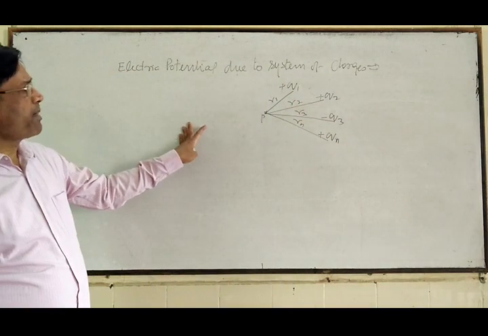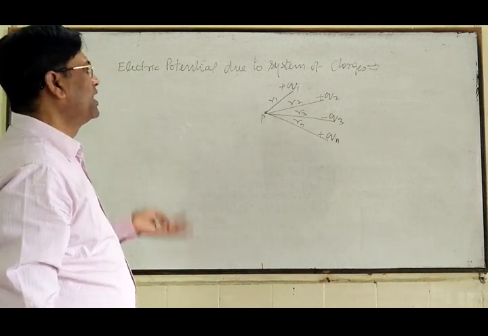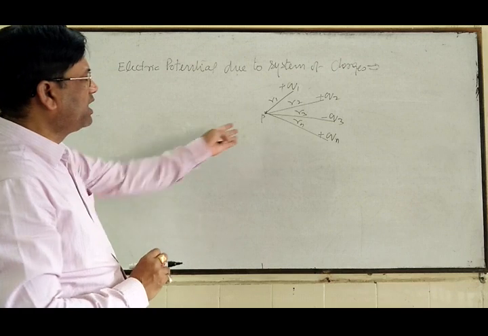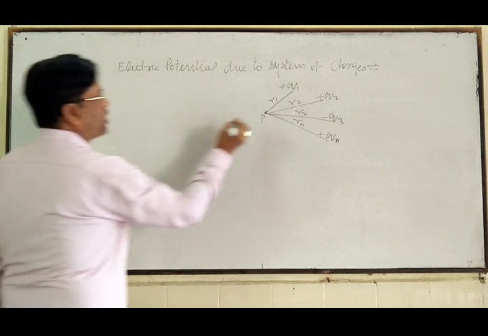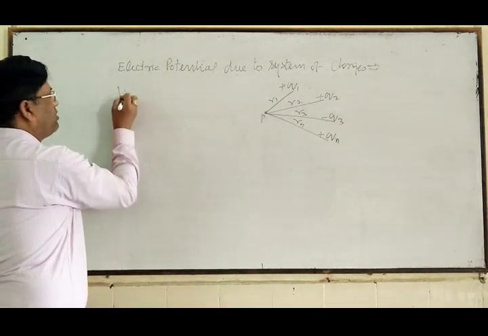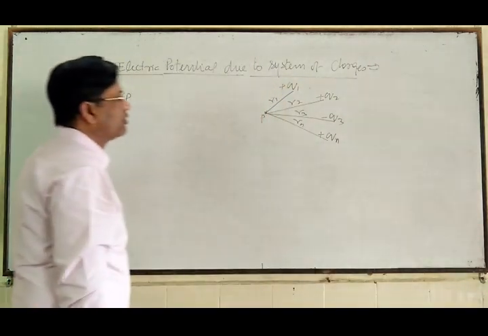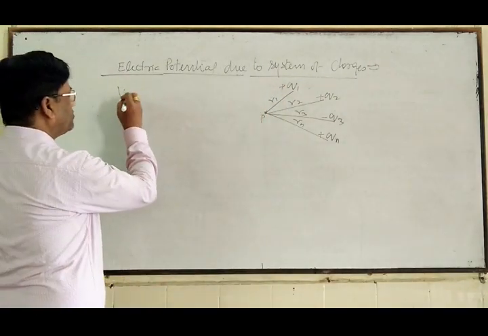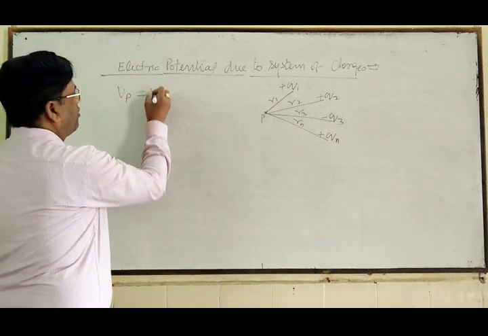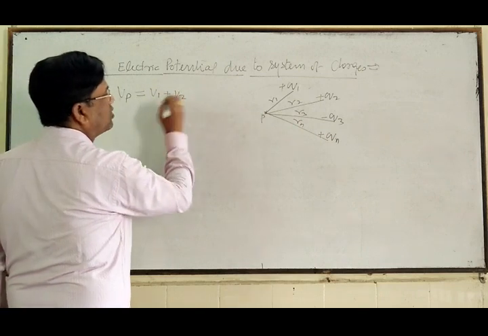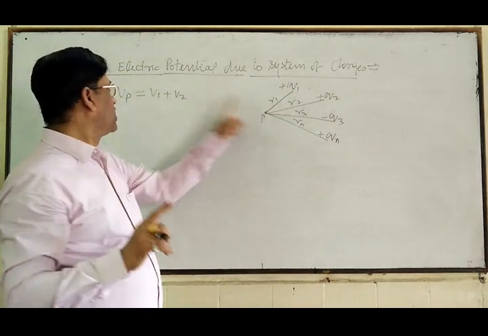Dear children, electric potential is a scalar quantity, so it can be calculated simply. Then net potential at P, VP, would be equal to V1 plus V2, because due to Q1 charge the potential will be positive, that is V1.